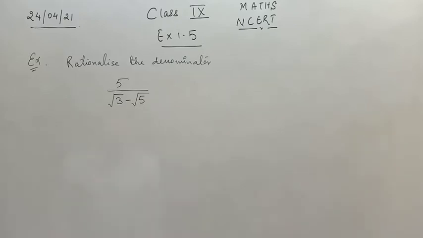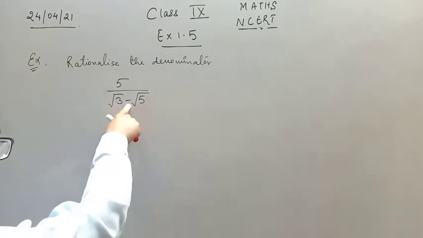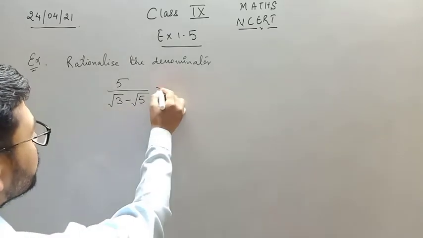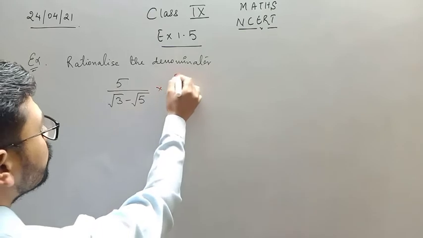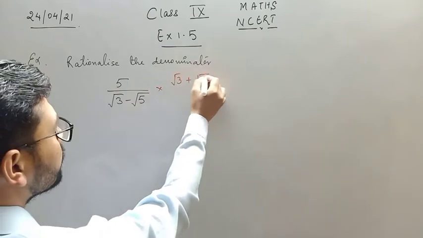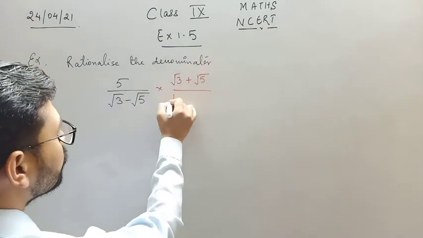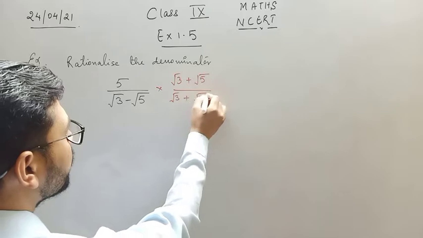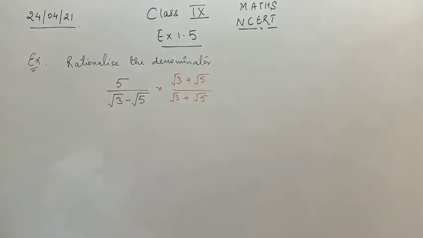Now try to solve this example. Rationalize the denominator. Again the question is the same. What you need to do is, here is minus, so in rationalization what you will do is, root 3 plus root 5, right?